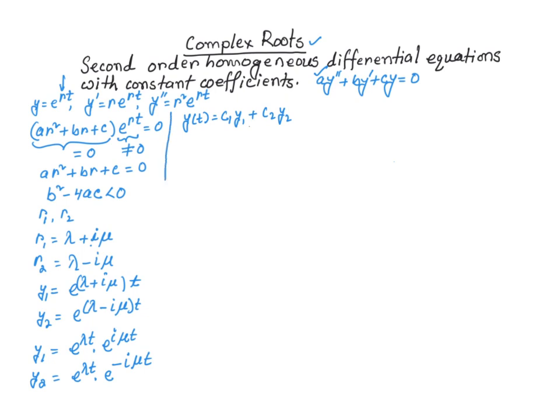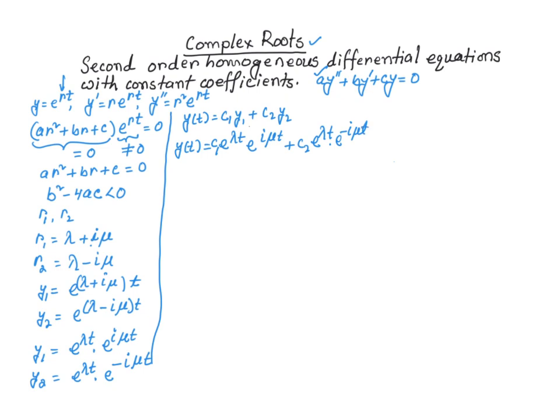So let's write out exactly what we find. y of t is equal to c1 times e to the power lambda t times e to the power i mu t, plus c2 times e to the power lambda t times e to the power negative i mu t.